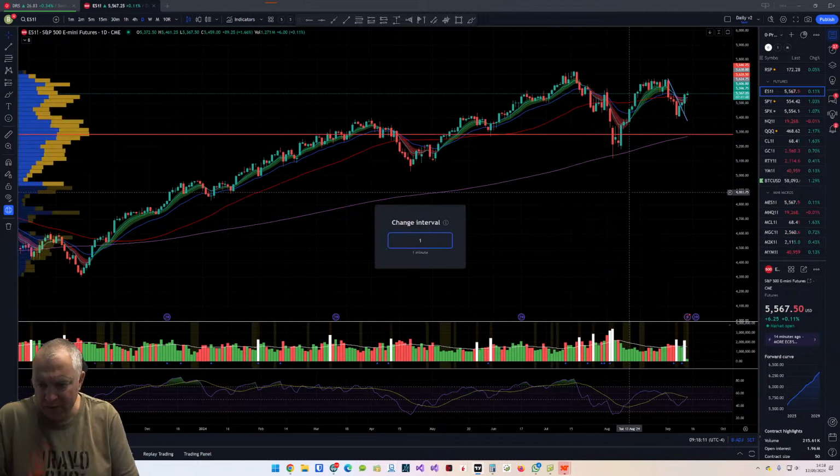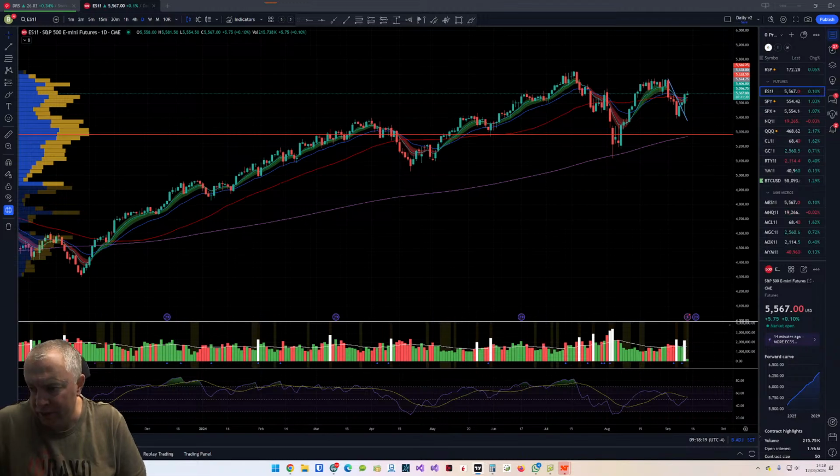Go back to the hourly. Just something interesting to note on the daily. Yesterday we had this big wide range candle, and big volume came with it. The previous day we had a small narrow range candle, and the volume was below average.